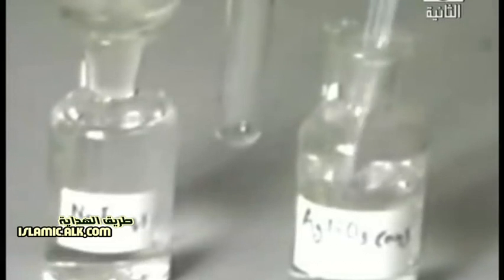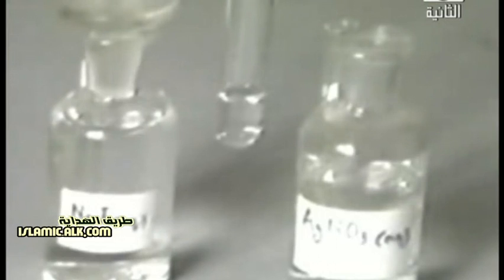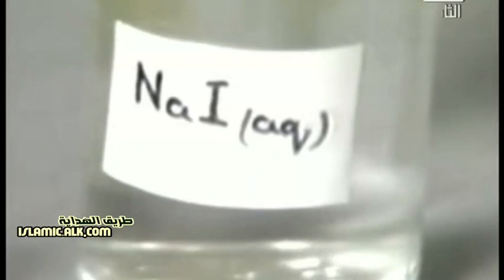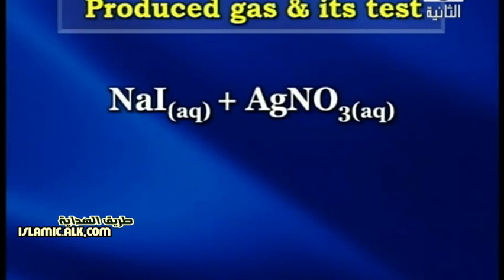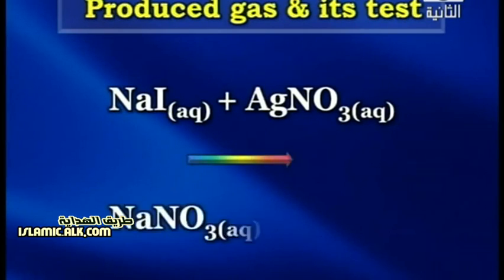Here, as shown on the screen, on adding the silver nitrate on the sodium iodide solution, we will find the reaction takes place giving yellow precipitate of silver iodide. Here is the equation of the reaction: sodium iodide plus silver nitrate gives sodium nitrate, and silver iodide is precipitated.